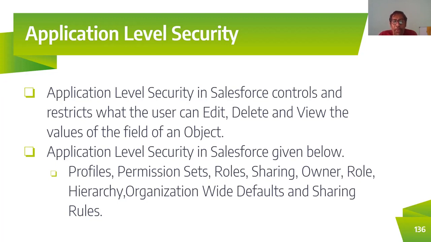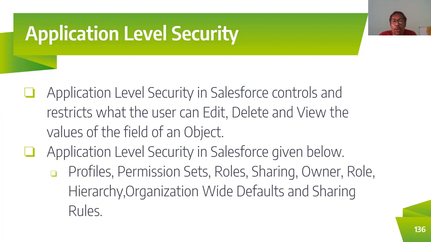With respect to the application, you're going to create a custom profile. A permission set is a special type of permission which you give to a particular user. Similarly, you're going to create the roles, share the roles, specify the owners, and create the role hierarchy here.